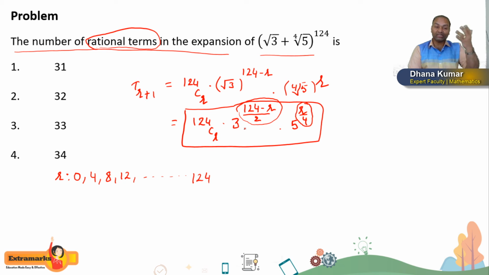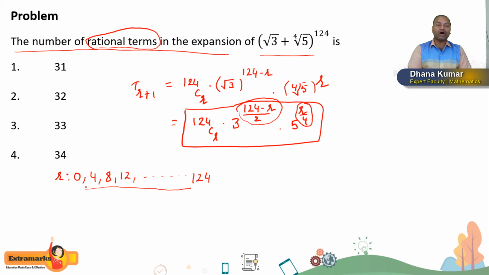Don't take some other numbers. For these values only you have to cross check it, right? Suppose you take r equal to 0, then what will happen? Simple logic: 0, 4, 8, 12, these are all even numbers only. Correct or not? Right. 124 is also an even number. Even minus even is even. An even number is always divisible by 2. Is it correct or not?